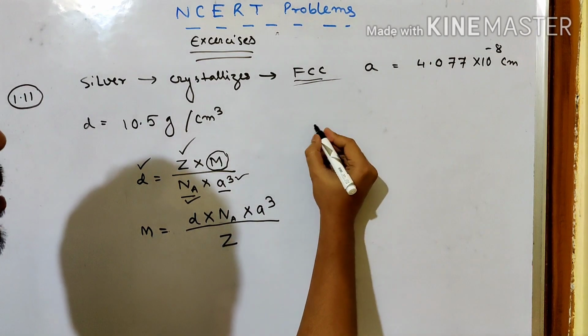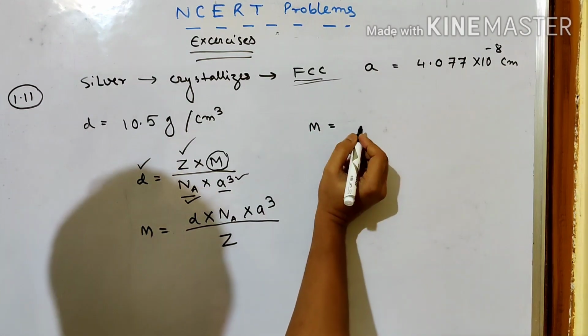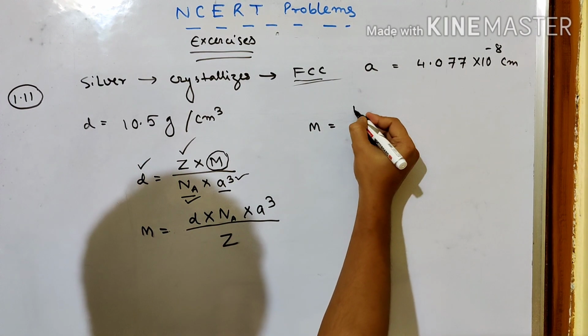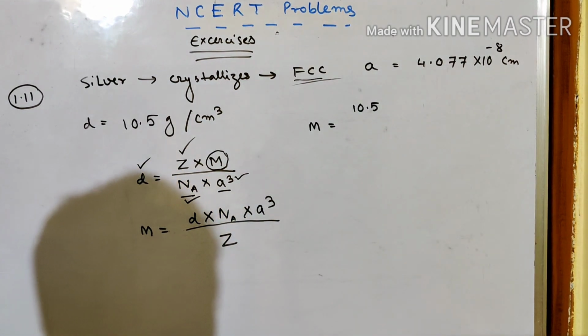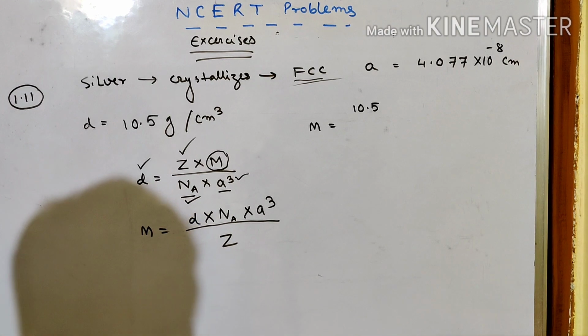Now, the value of M will be D, meaning 10.5. In the previous problem I already showed you how the units will be cancelled out, but here, since we are not finding out Z, let us put the unit.